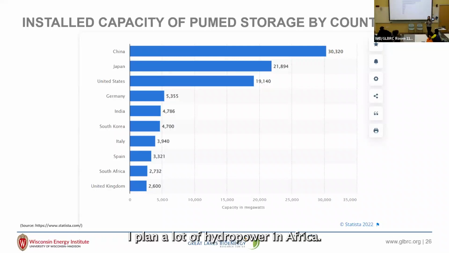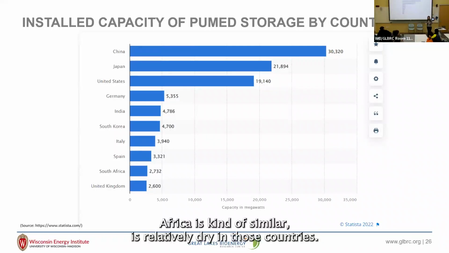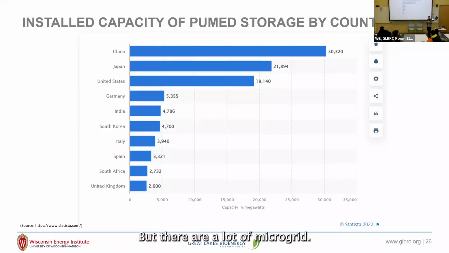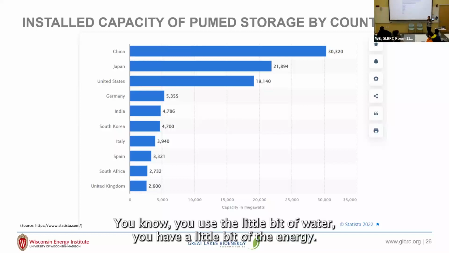I plan a lot of hydropower in Africa. Africa is kind of similar, it's relatively dry. In those countries, you're not going to get large-scale hydropower like Three Gorges or even Grand Coulee Dam, but there are a lot of microgrid, tiny hydropower or hydrokinetic projects. You use the little bit of water you have and convert a little bit of energy.